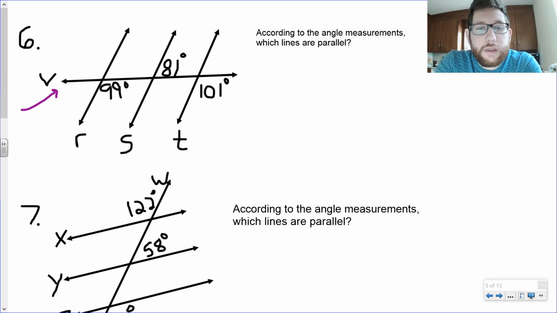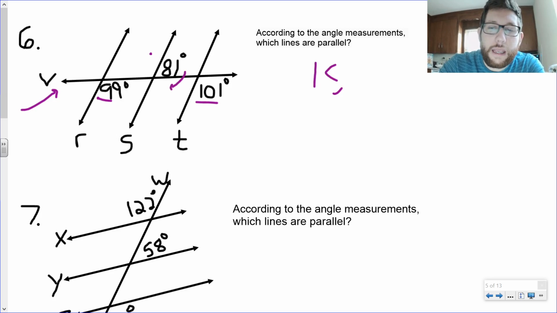So let's do this. Notice how I have 99 and 101. I've got them in, I could think of like the bottom right corner, and 81 is in the top right corner of this set right here. Let's get this 81 down here. How do I solve for that angle right there? Well, they add up to a straight line, so I'm going to do 180 minus 81.